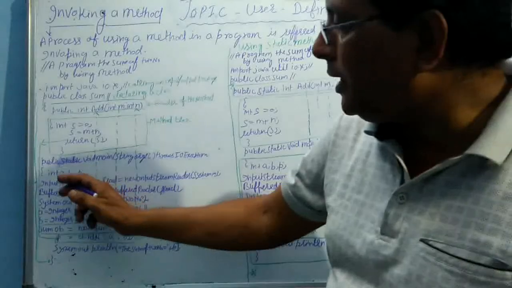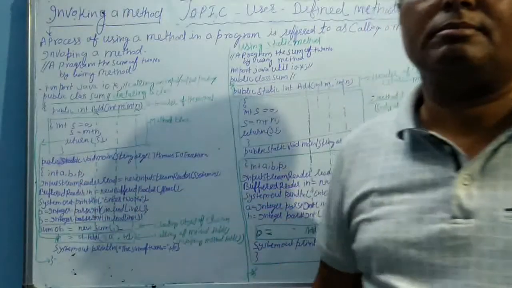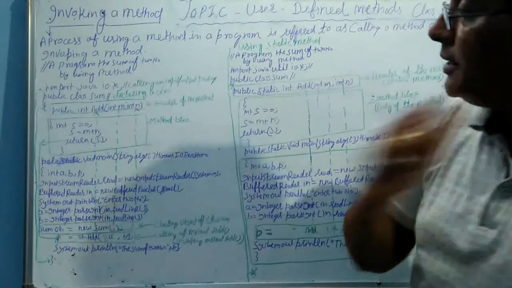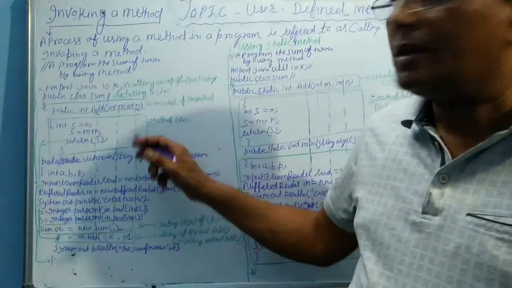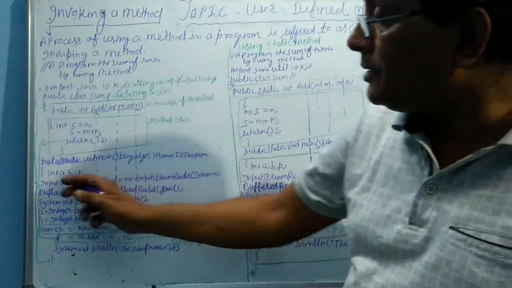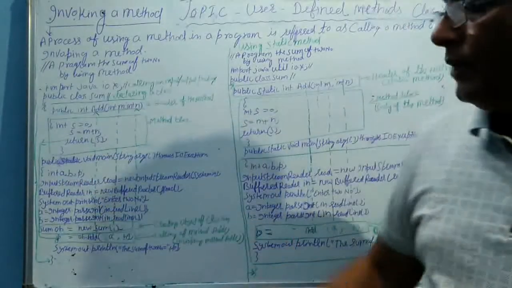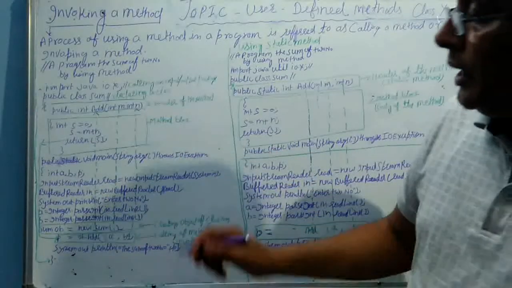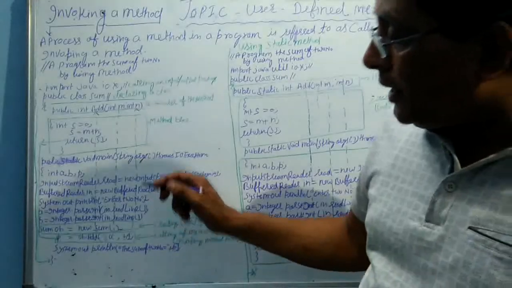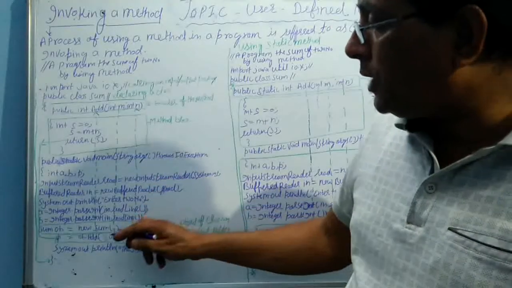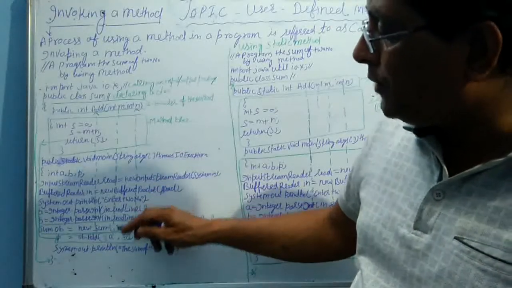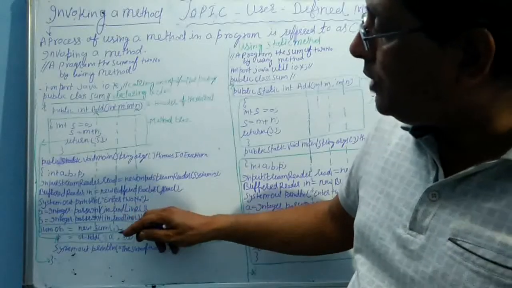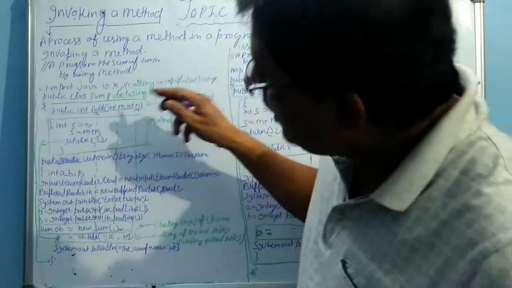Then integer a, b and p. Here we are using the integers m and n, and here a, b and p. I will tell you why we use a and b here. Because we have to give the values of a and b, and these values a and b will be transferred into m and n.